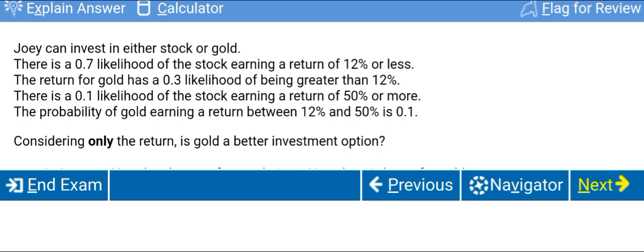There is a 0.1 likelihood of the stock earning a return of 50% or more. The probability of gold earning a return between 12% and 50% is 0.1.